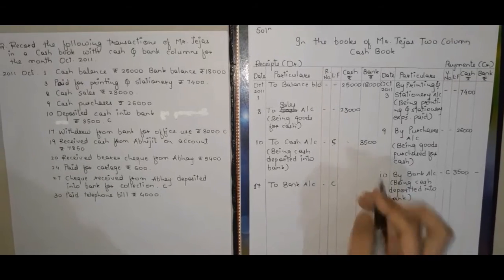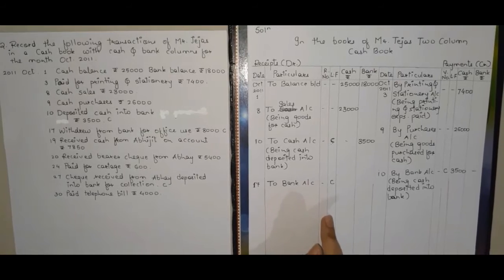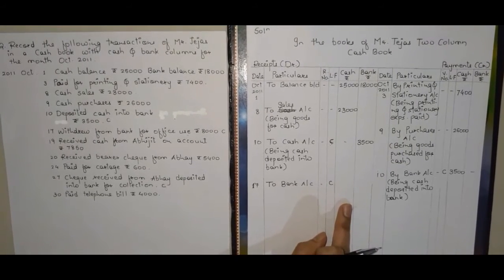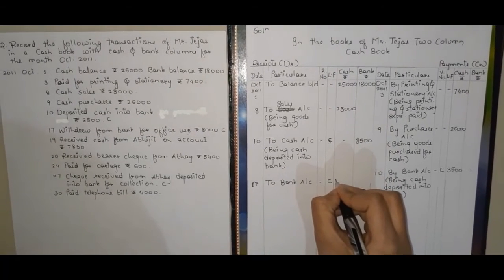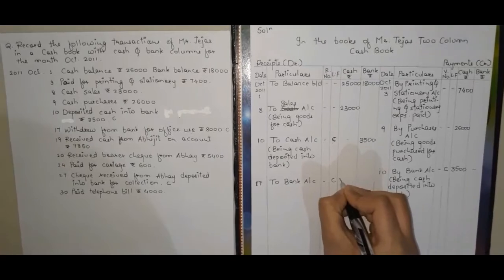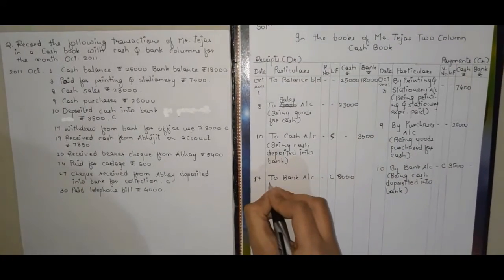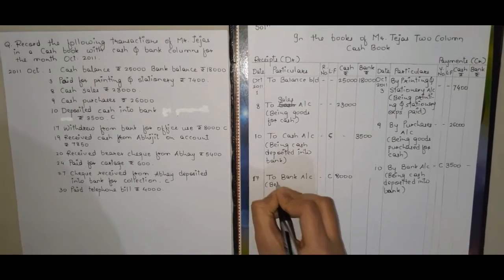Now what is the amount? Here we are withdrawing the amount from bank, but the amount we are going to write in the cash column. Okay, we are getting that amount in cash, so in the cash column. What is the amount? 8,000. Okay, narration for this: being cash withdrawn.